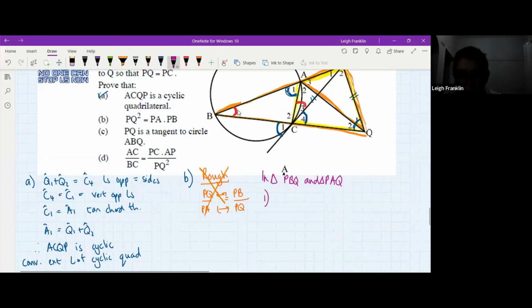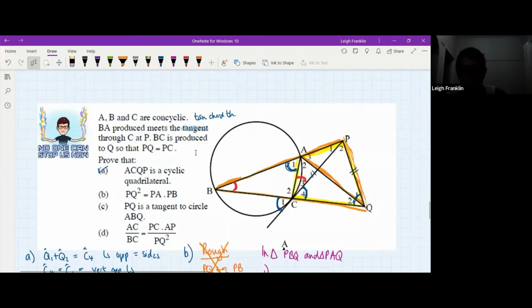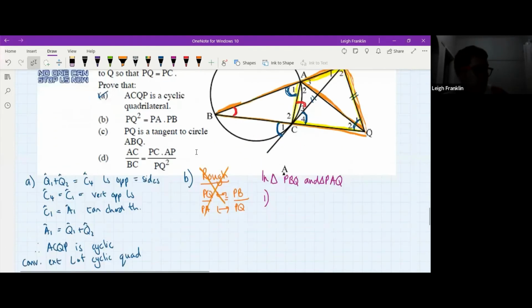Number one, do we have a common angle? Yes, ma'am. P. P, absolutely. Okay, so P is common. I quite agree. So let's start there. P is a common angle. Okay, so that's one angle that we've got.